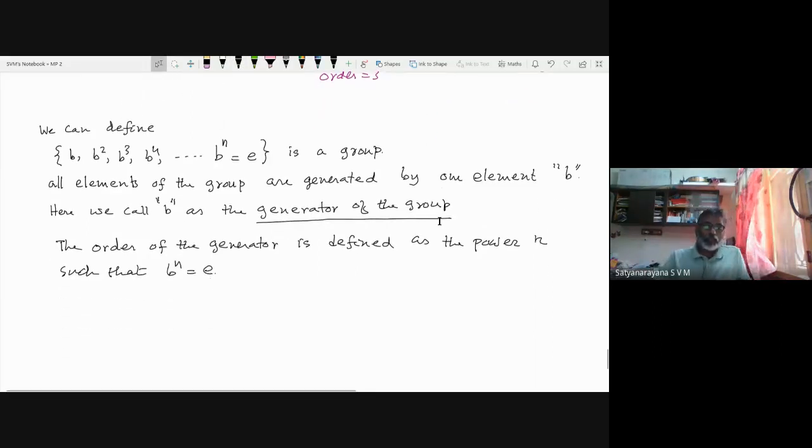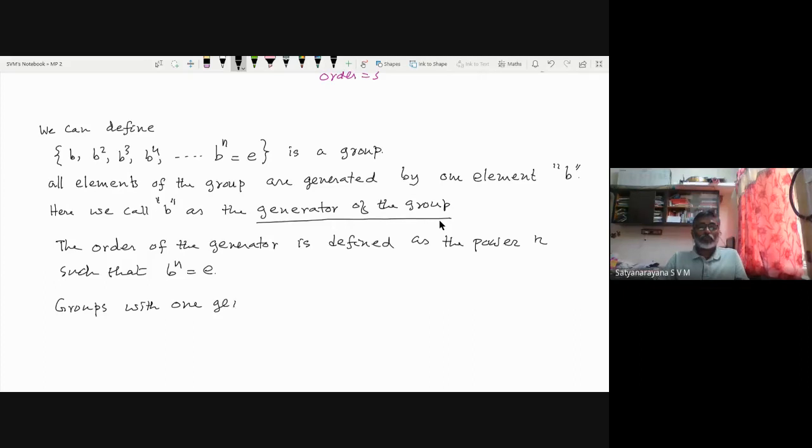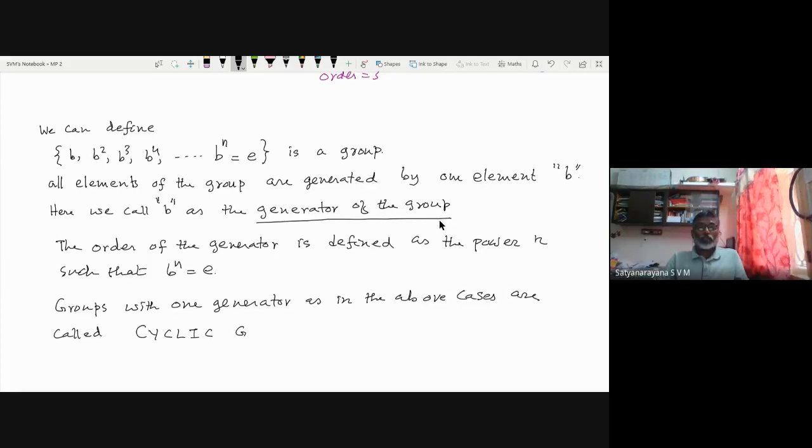Okay, and groups with one generator, as in the above cases, they are called cyclic groups.